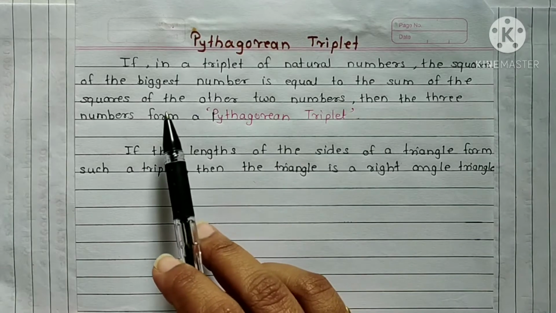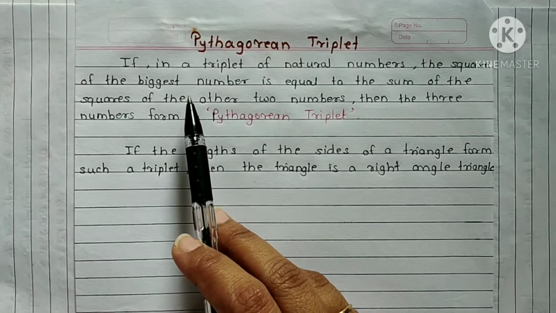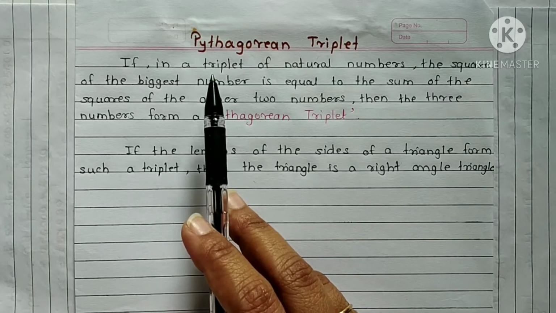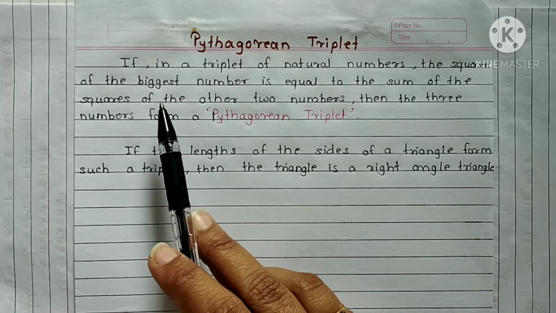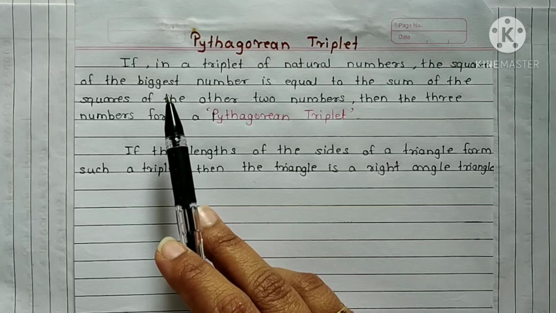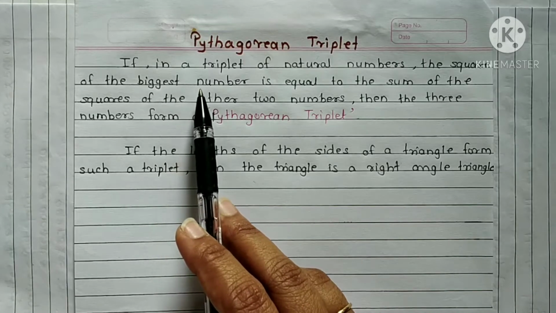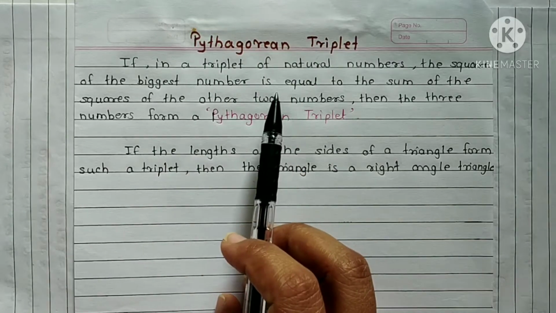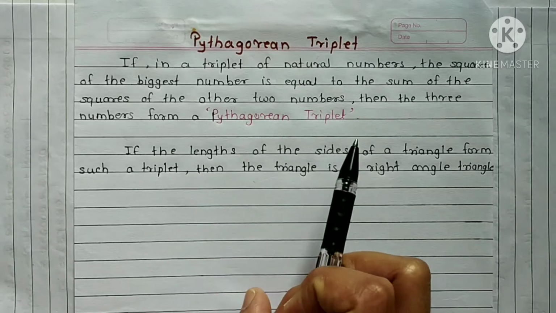Suppose you are given three numbers. First you have to calculate the square of the biggest number. Then you have to calculate the sum of the squares of the remaining two numbers. If the square of the biggest number is equal to the sum of the squares of the other two numbers, then we can say that the three numbers form a Pythagorean triplet.